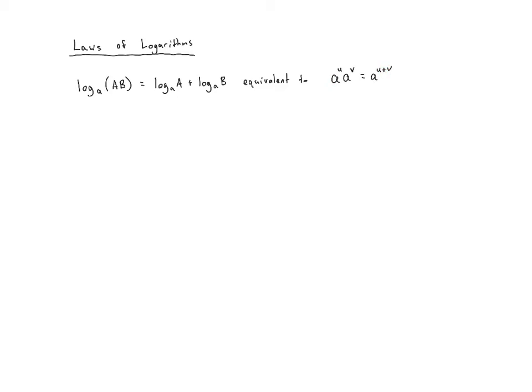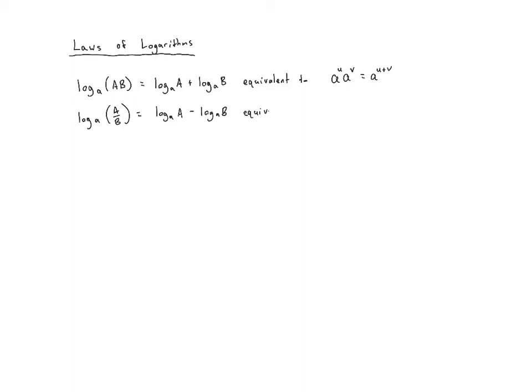Let's look at the second law of logarithms. This one says if we have the logarithm of a quotient, we can express this as a difference of logarithms. So we can take the numerator as the first logarithm and the denominator as the second and express it as a difference.